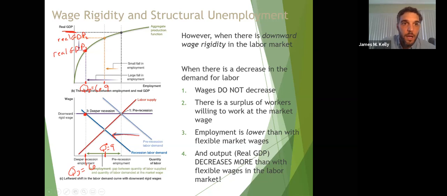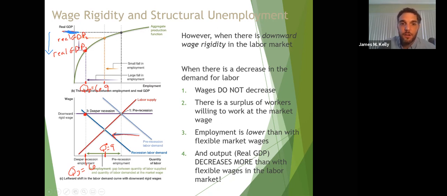It was initially higher, before the decrease in demand for labor. Now the decrease in output is even larger than what the decrease in output was when wages were flexible. So when we have downward wage rigidity in the labor market, it causes a larger decrease in output when there's a negative shock to the demand for labor.